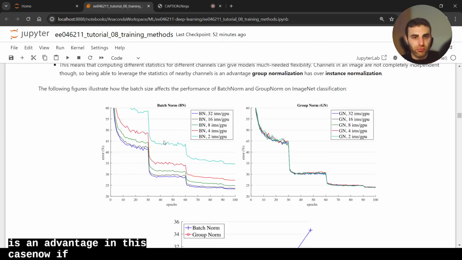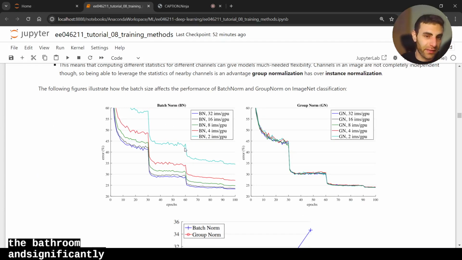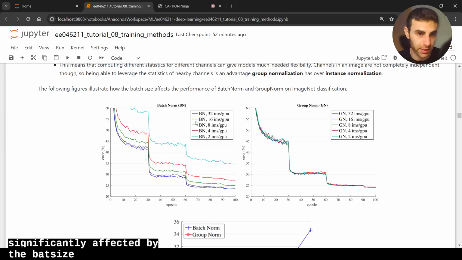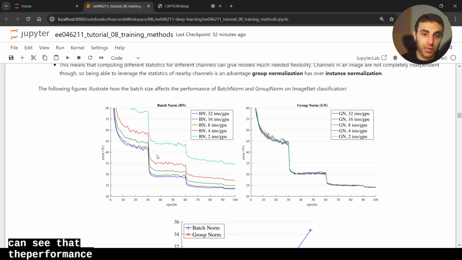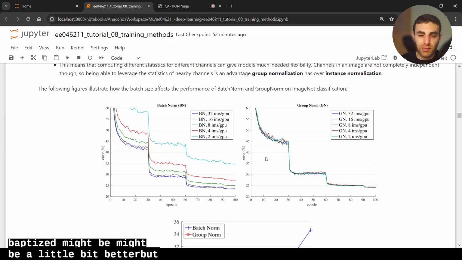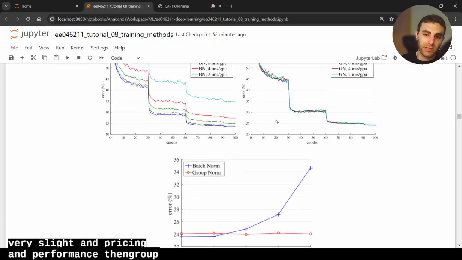Now, if you compare group norm and batch norm, you can see that batch norm is significantly affected by the batch size. The performance largely varies between batch sizes, and group norm does not have this problem. The final performance of batch norm with the optimal batch size might be a little better, but if you want something that is agnostic with a very slight cost in performance, then group norm is the way to go.